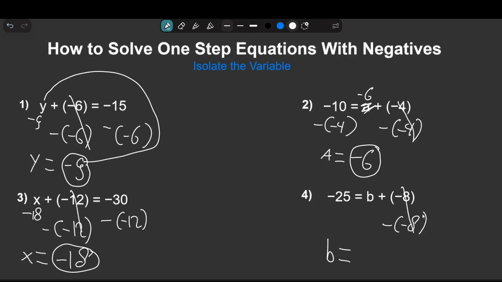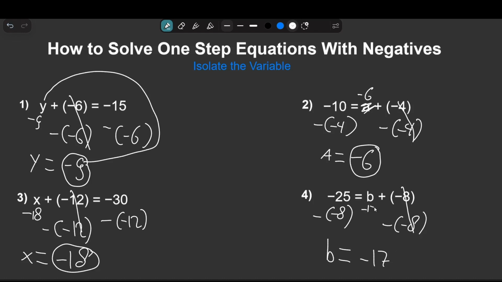Now we have to do this on the other side of the equation, of course. Minus 25 minus minus 8, or just minus 25 plus 8, because we are taking away the negative. So minus 25 plus 8 will equal minus 17.